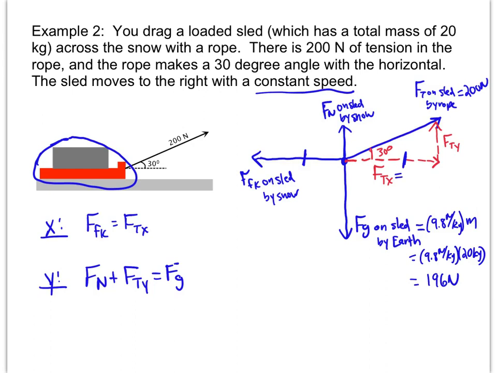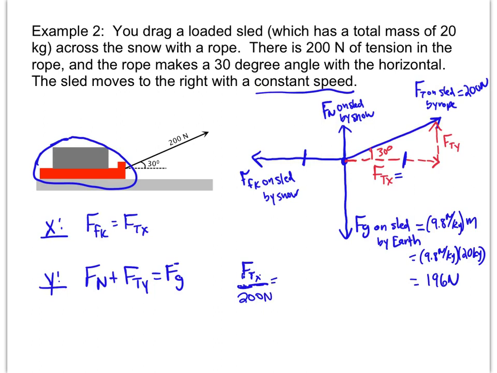Let's find Ftx first. So Ftx is going to be given to us by this function here. We've got Ftx, which is the adjacent side to the 30, over 200 newtons, which is the hypotenuse.